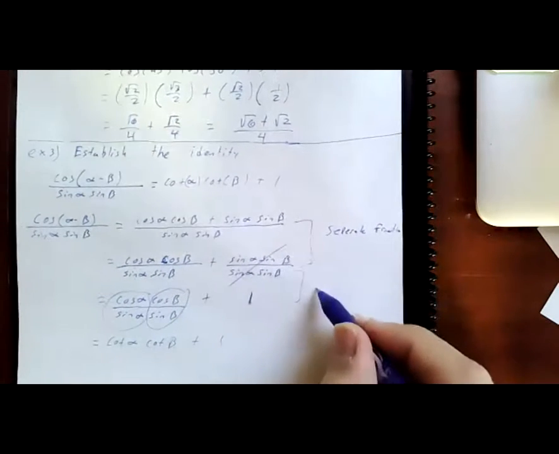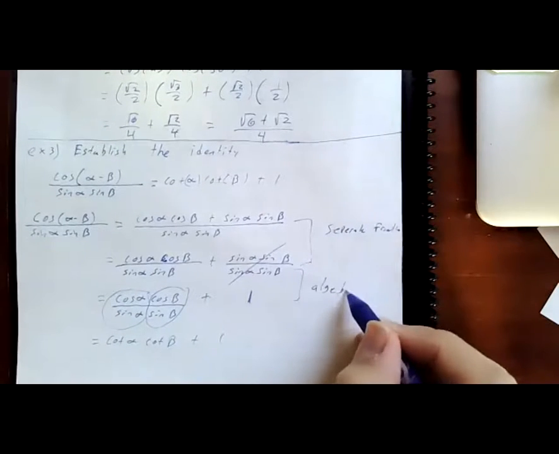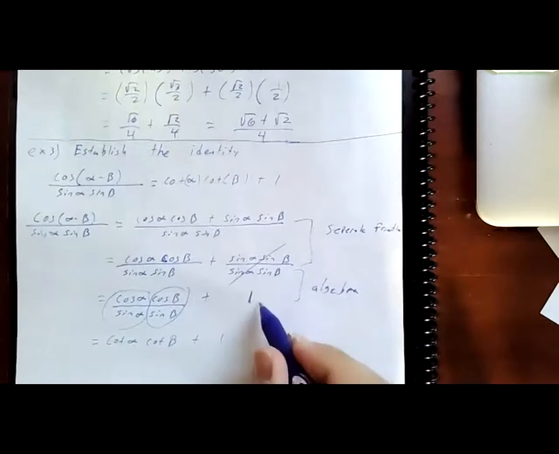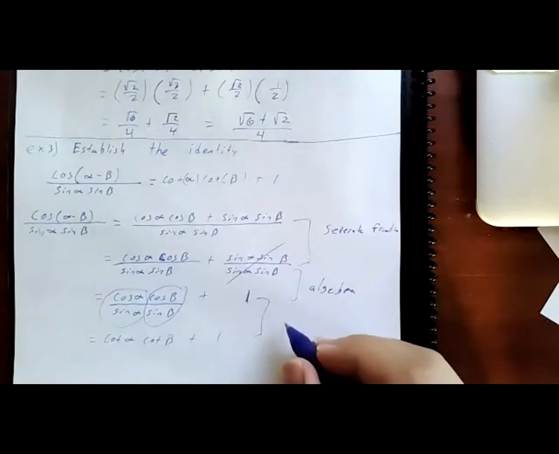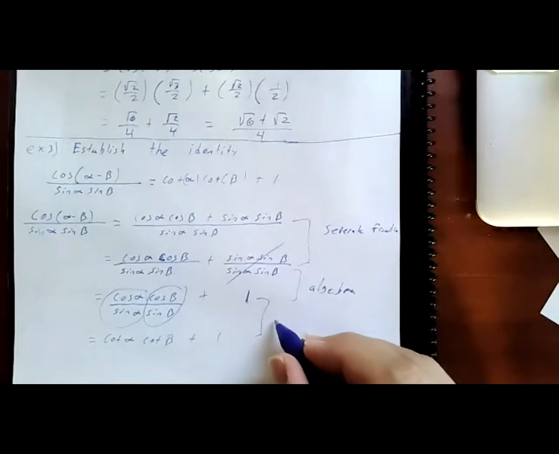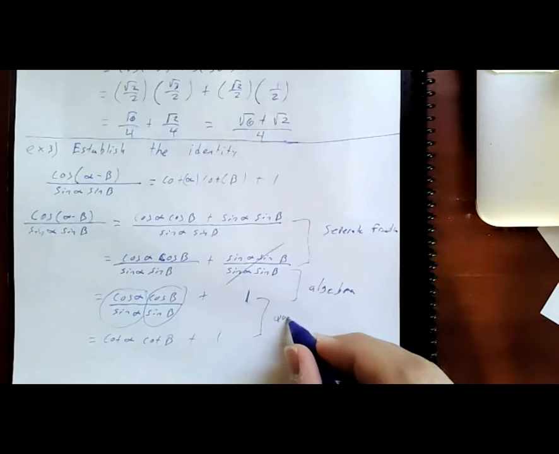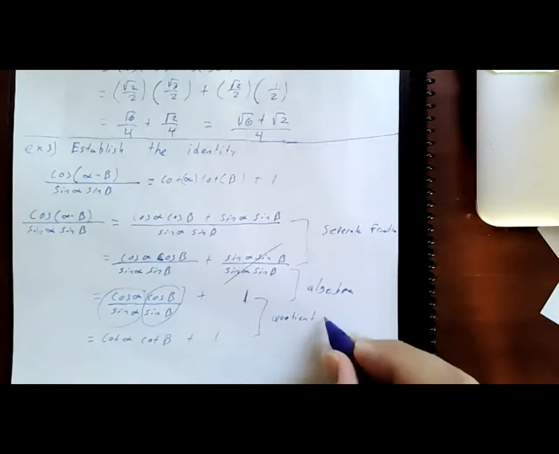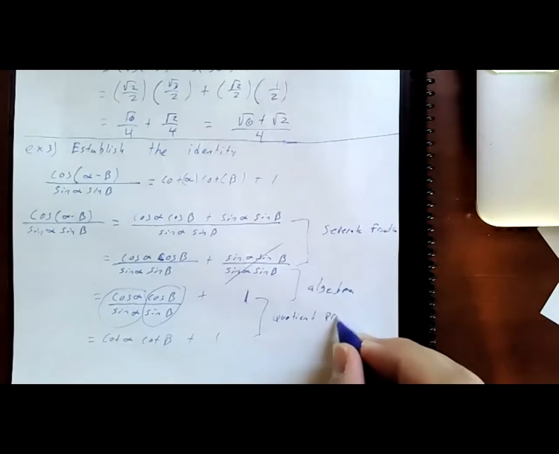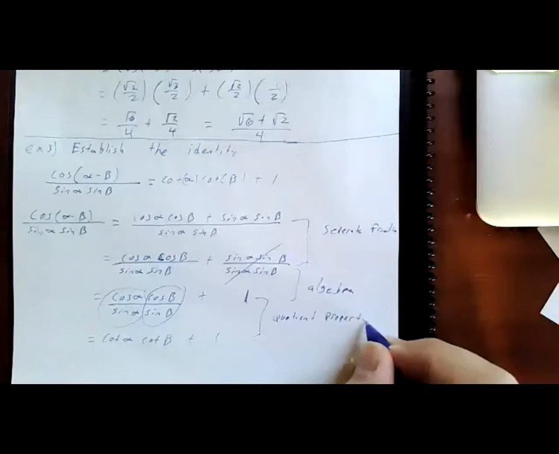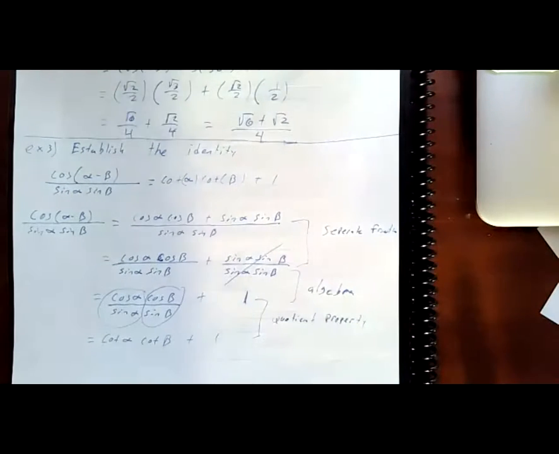So this is algebra. This is going to be just what's called the, I think we called it ratio. Well, quotient. That's the word we used last time. Quotient property. And that's what we wanted to show, right? We got to the right-hand side.